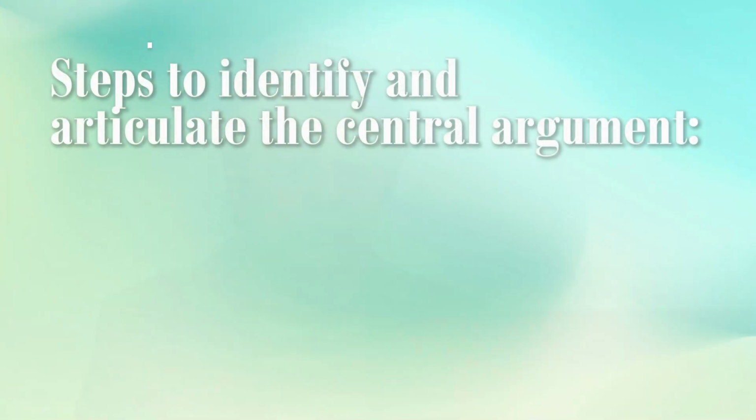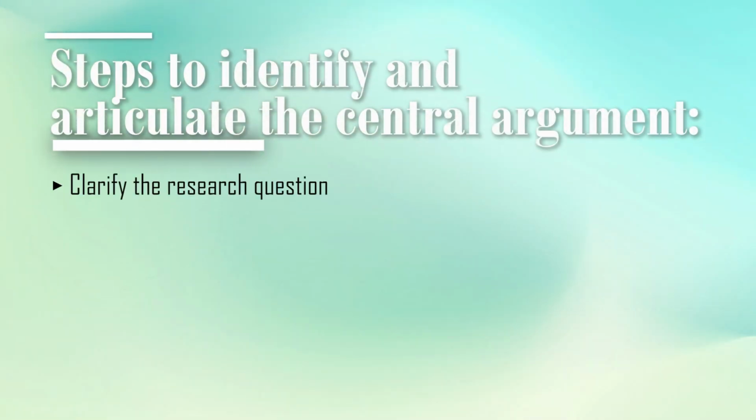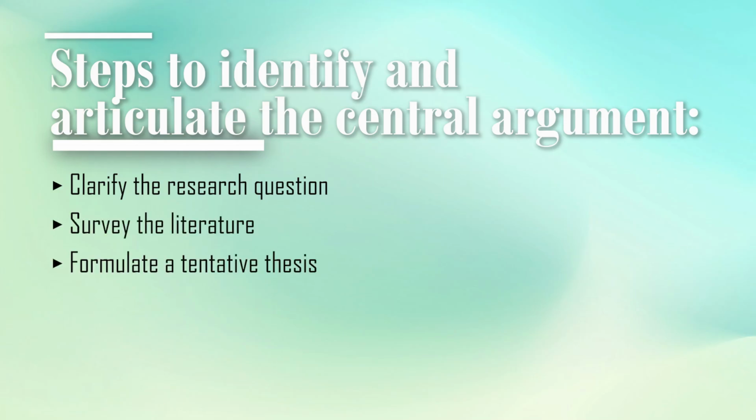We will now take a look at the steps to identify and articulate the central argument. Let us take a look. Clarify the research question. Survey the literature. Formulate a tentative thesis. Test for scope and feasibility. Refine the thesis.